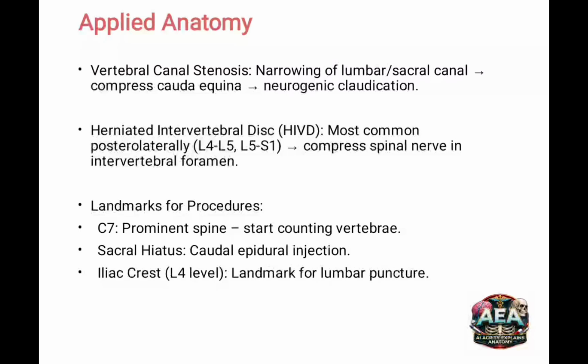So, applied anatomy. We have vertebral canal stenosis. Stenosis refers to narrowing, here the narrowing of the lumbar and sacral canal. Remember we have our spinal cord in this vertebral canal, so it can compress the cauda equina and result in neurogenic claudication. We can also have herniation of the intervertebral disc.